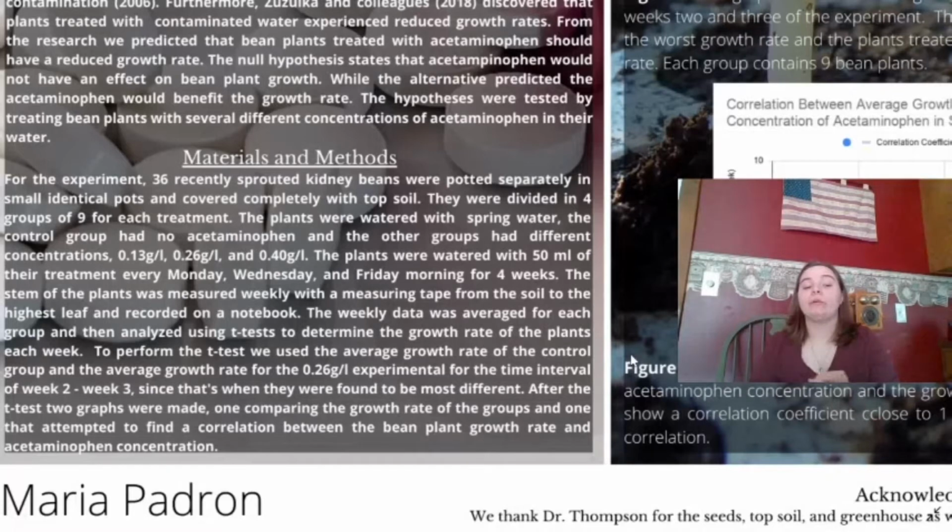After we did that, we decided to graph the information into 2 graphs. One is a bar graph that showed the week 2 to 3 averages of all of the groups. In the second graph, we graphed each of the averages and tried to find a correlation between the bean plant growth rate and the acetaminophen concentration.